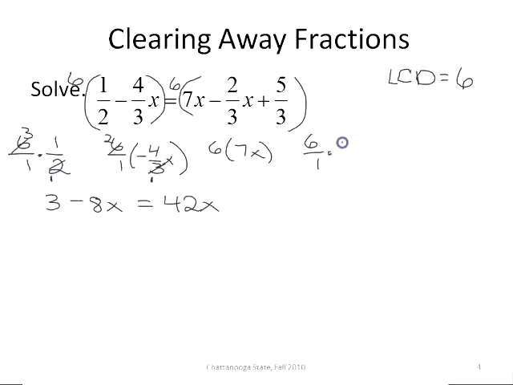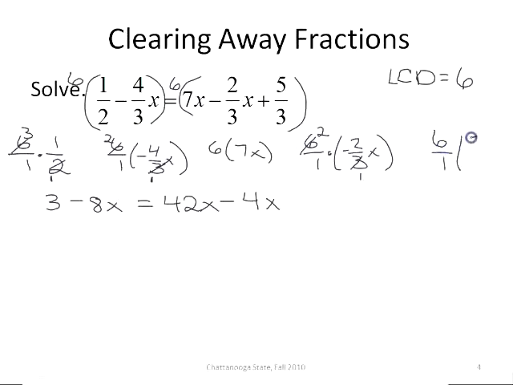Then I need to multiply the 6 times the negative 2/3 x. Now I can, again, reduce the 6 and the 3 so that I'll have in the numerator the 2 times the negative 2 will give me negative 4x. And on the bottom, again, it all cancels out to give me a 1 in the denominator.